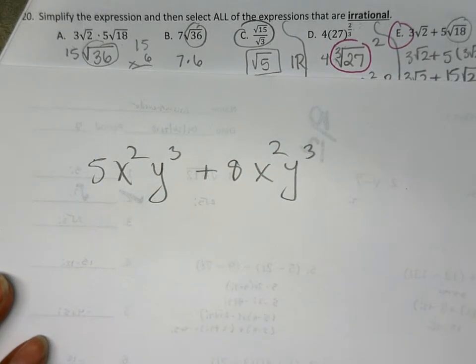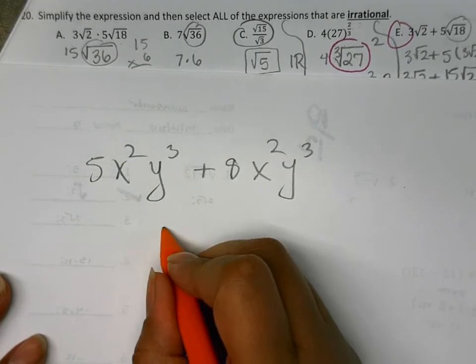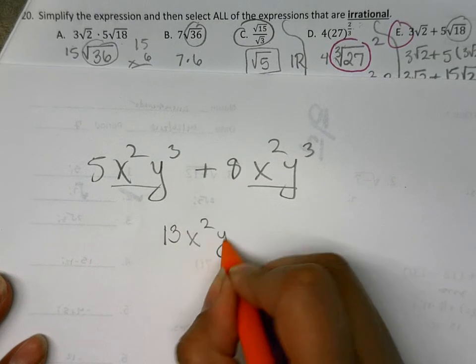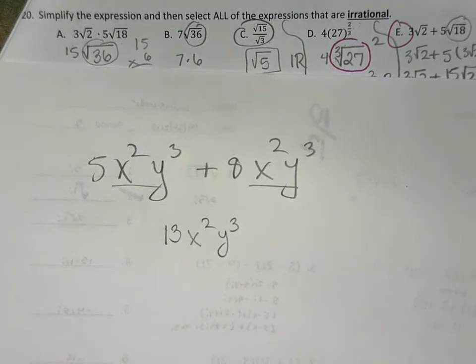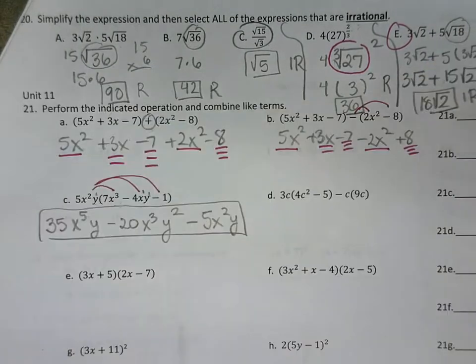Could I add those together? Yes. What is 5 plus 8? And the bases stay the same because I'm adding the coefficients, not multiplying. Do you see how that works? So do you understand why there's no more simplifying, why I'm unable to combine like terms?